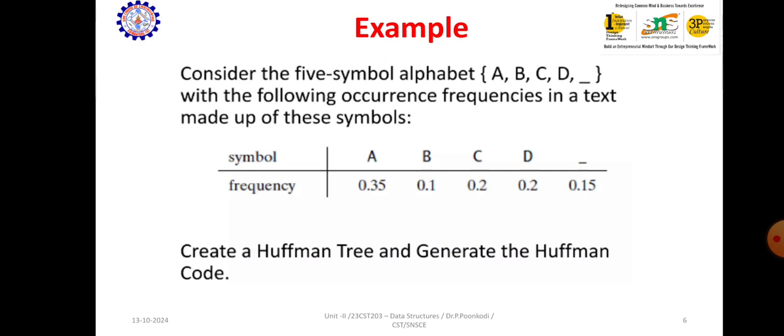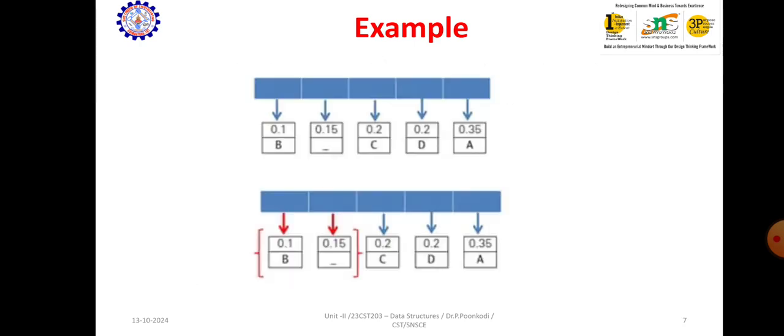Then after that, we have to do the encoding part. This is the example we have already seen. Here A is 0.35, D is 0.2, C is 0.2, hyphen is 0.15, B is 0.1.